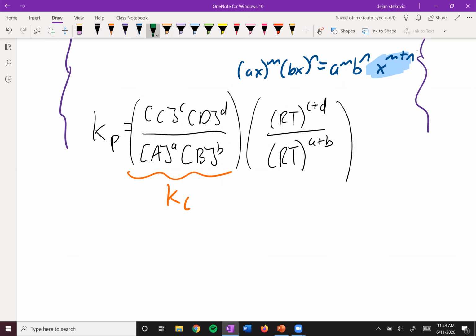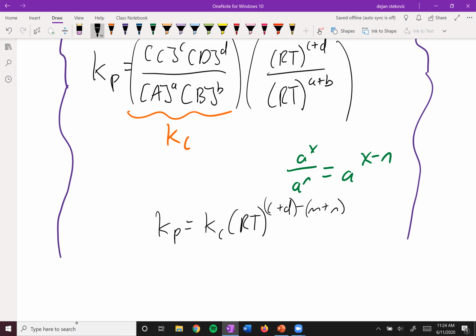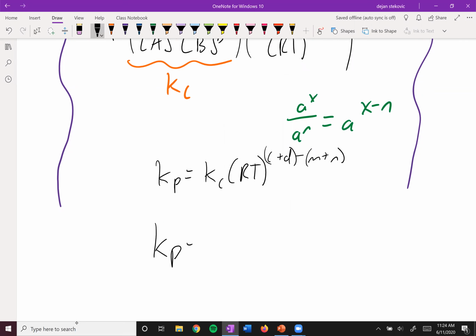And on the other side, we can also say that x to the m over x to the n is equal to x to the m minus n. So we can simplify the right side even further to get Kp equals Kc times RT to the power of (c plus d) minus (a plus b). And then further, we can simplify it into this final equation, the only thing you really need to know: Kp is equal to Kc times RT to the delta n.